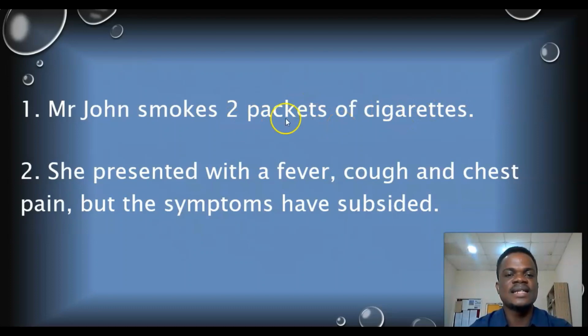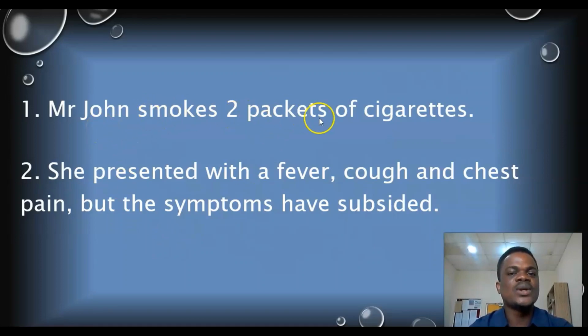So when we have sentences like this, especially a sentence with a noun or a subject and a verb, that means the sentence has a meaning. So even if you say Mr. John smokes, it's already a complete statement. So we can use a full stop to end this statement.